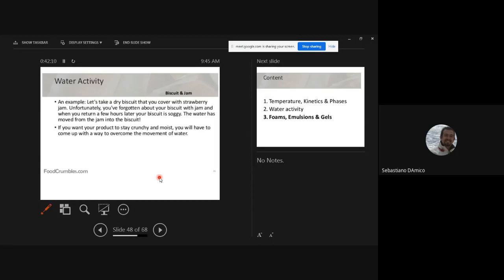It's like a barrier, exactly. Just to protect and avoid that transfer from the higher content to the lower content, because they tend to balance out to reach an equilibrium.